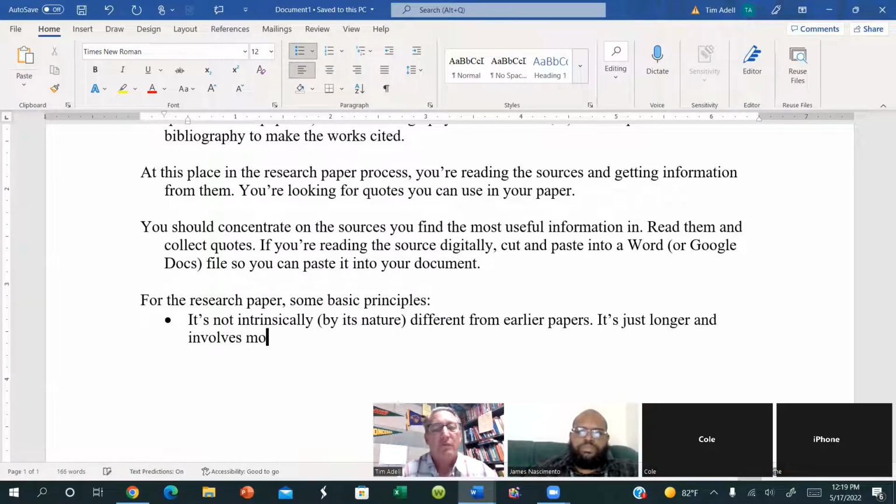You will still do for this paper what you did for other papers, or should have done for other papers, which is to look back at all the things you've talked about.